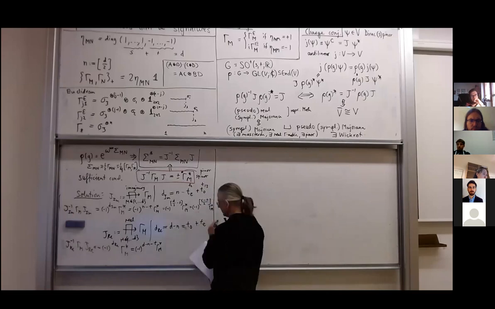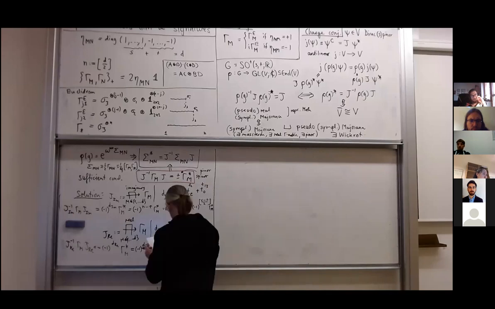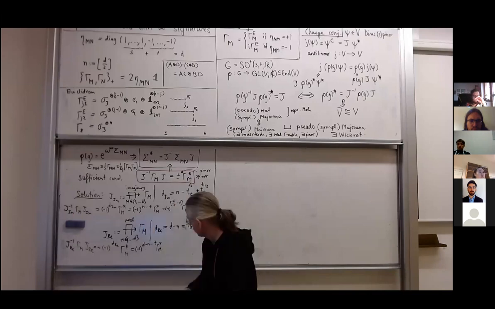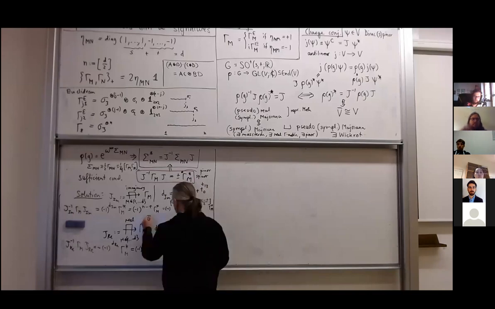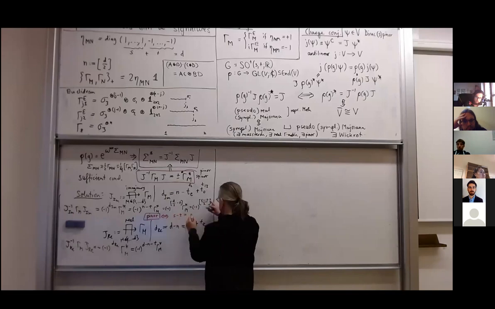So the conclusion, for later, is that a pinor occurs if and only if s minus t is equal to 0 or 1 mod 4.